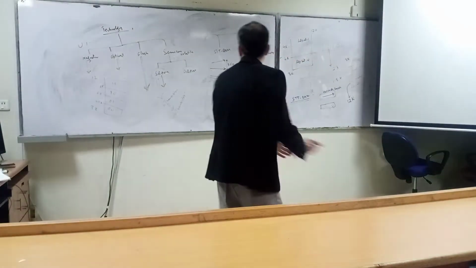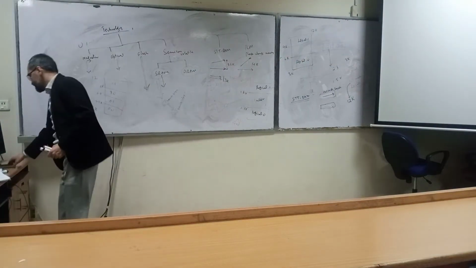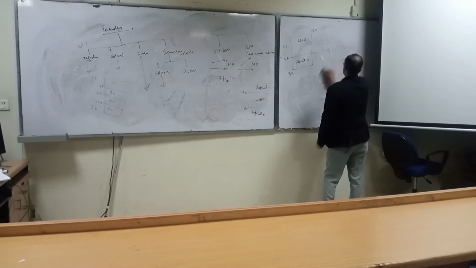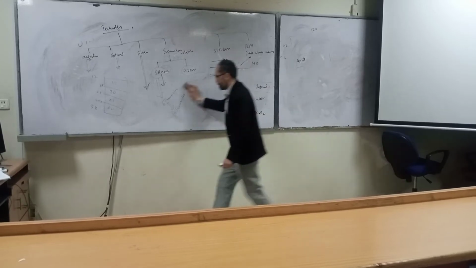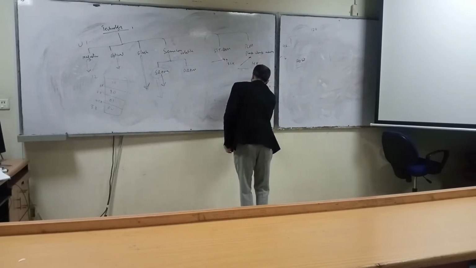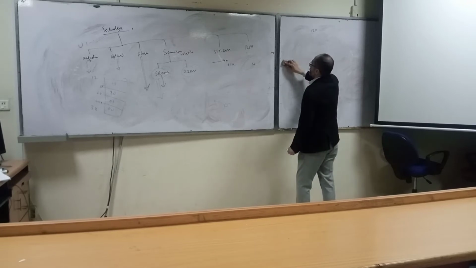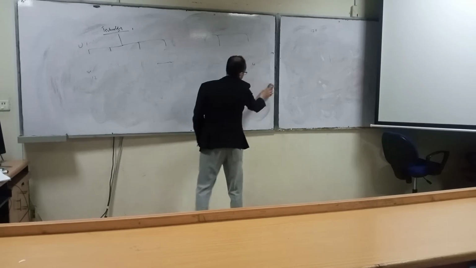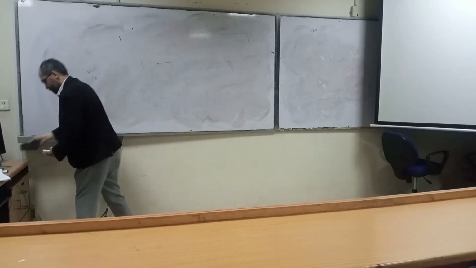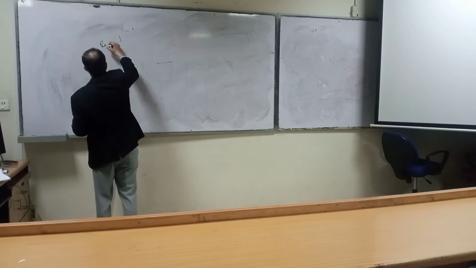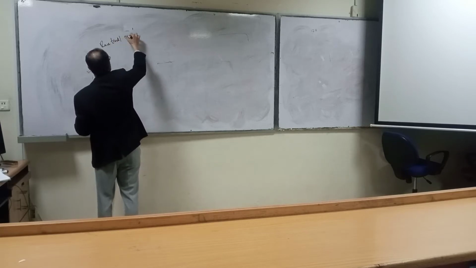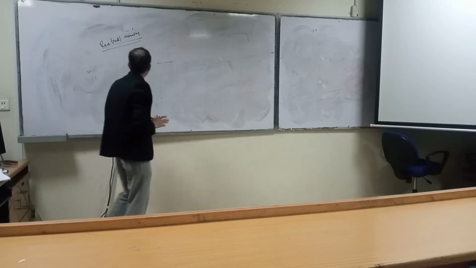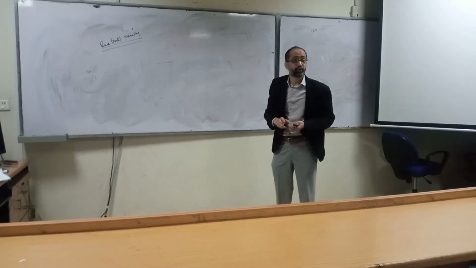And another type of memory is called racetrack memory. Racetrack memory stores the data in the form of magnetic domains.